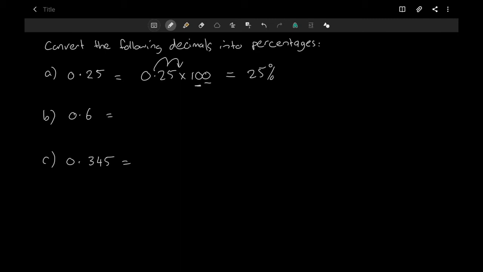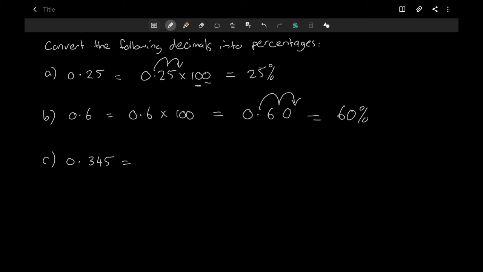Similarly, let's look at the second example, which is 0.6. Let's convert 0.6 into a percentage. We write down 0.6 multiplied by 100. Once again, we move the decimal point over 2 spaces, so there would be a 0 there, and the answer is 60%.